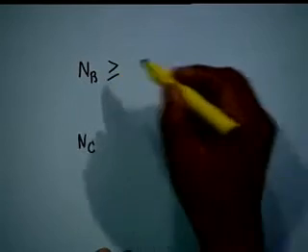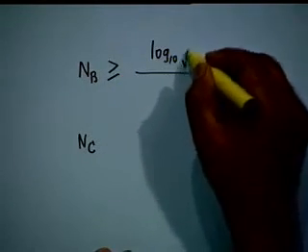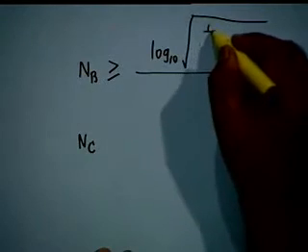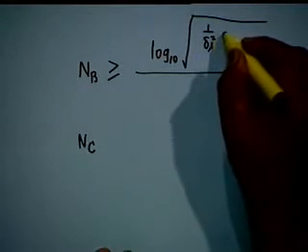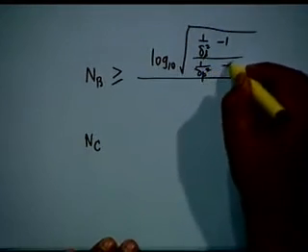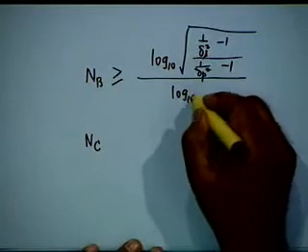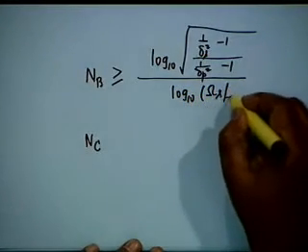For the Butterworth filter, it is log 10 of square root of 1 by delta s squared minus 1 divided by 1 by delta p squared minus 1, divided by log 10 of omega s by omega p.